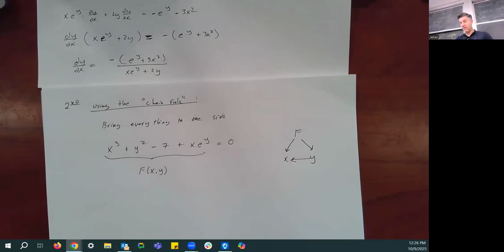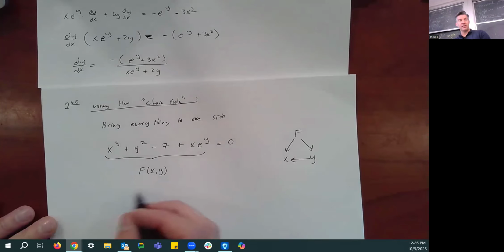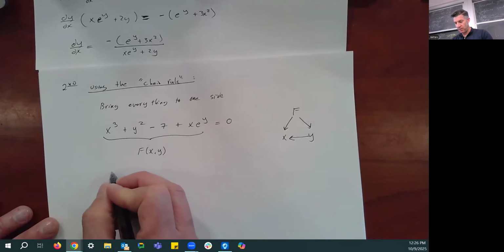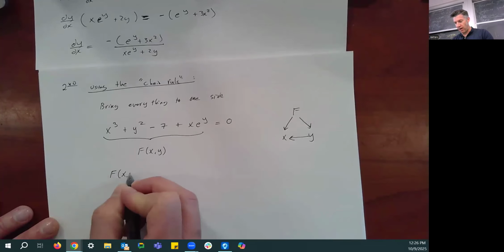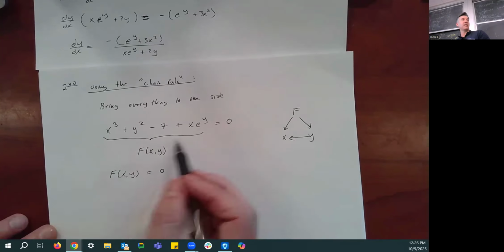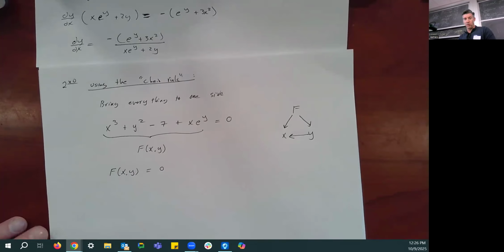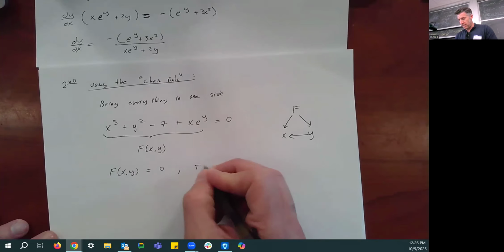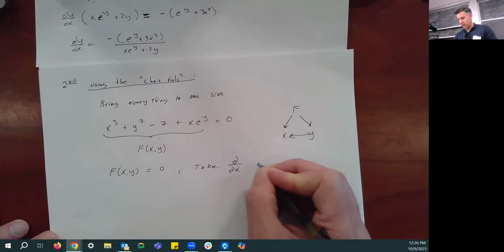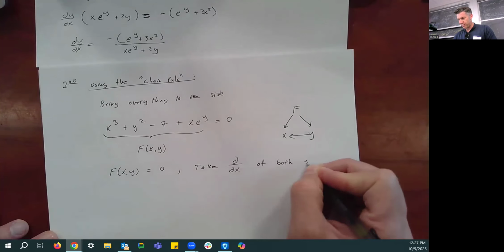Look at this much simpler equation for a second: f of x comma y is equal to 0. I'm just replacing this side with what I've called it. And now we're going to take the partial derivative with respect to x of both sides of this equation.